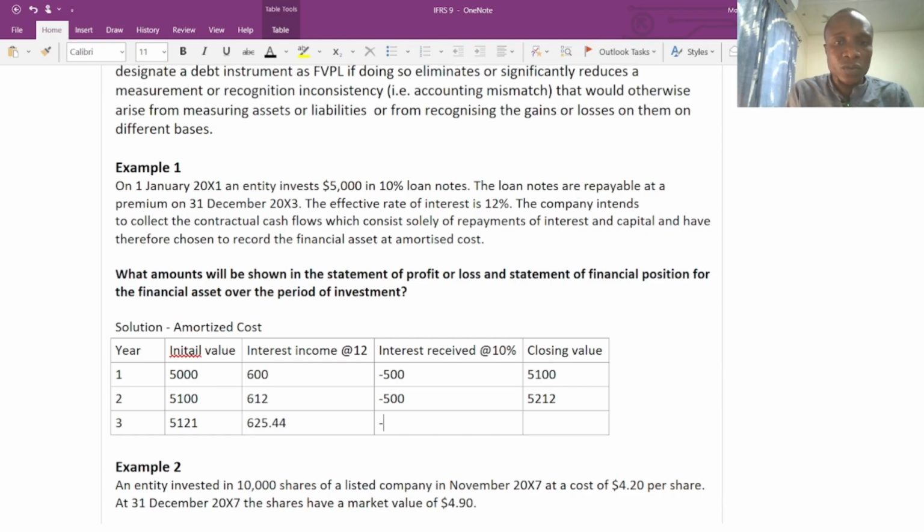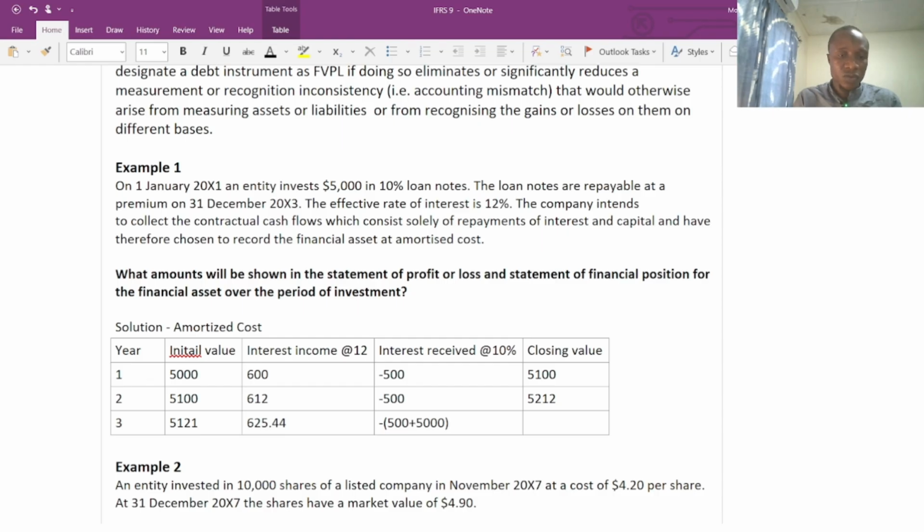The company intends to collect the cash flow, repayment of interest and capital. So at the end of the period, we receive the interest of 500 plus the investment of 5,000. Then nothing to worry about.